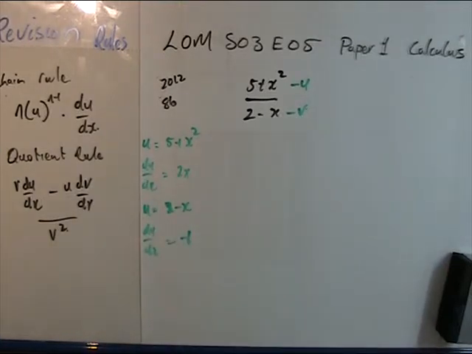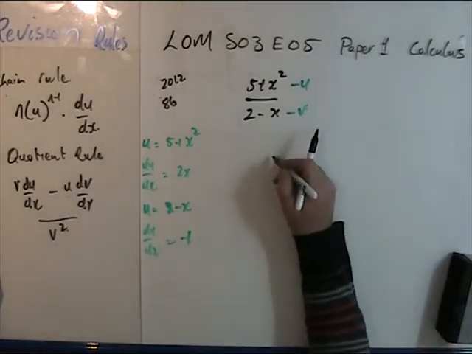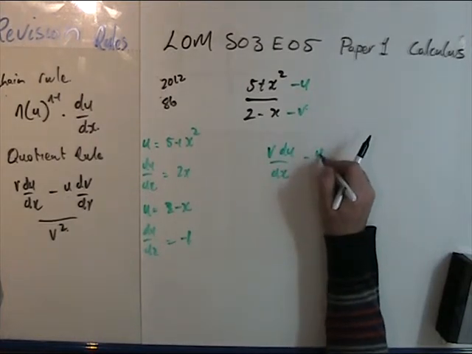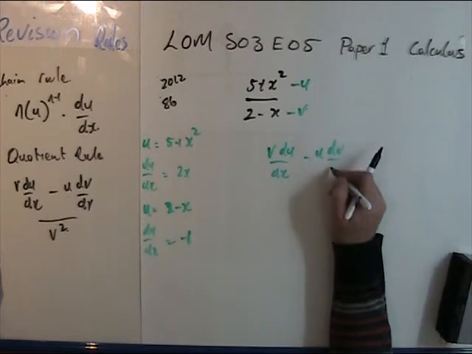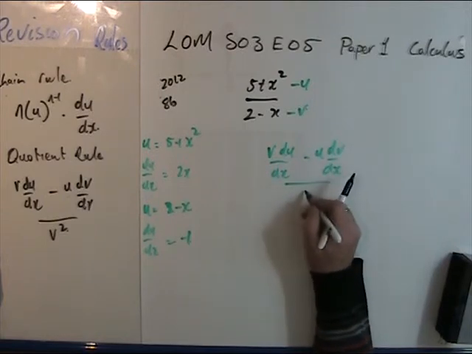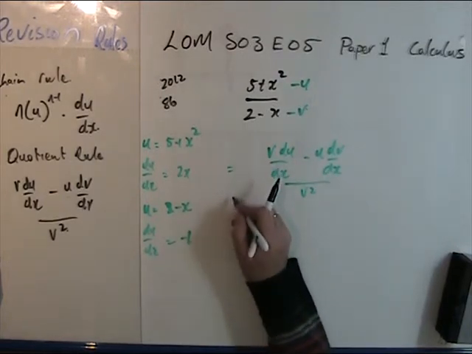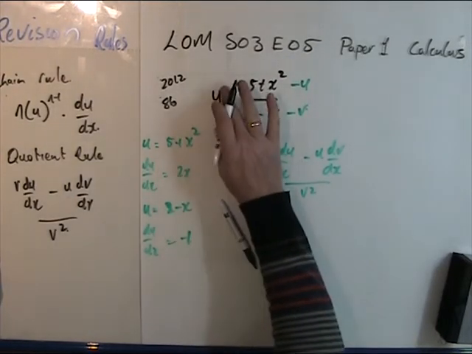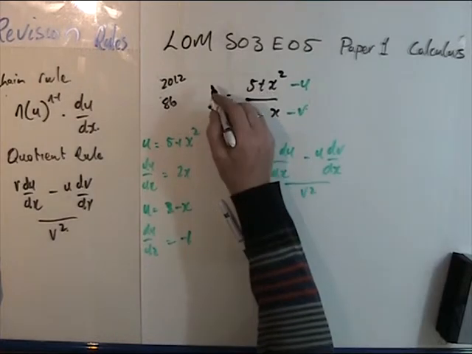Use your formula here: v times du dx minus u times dv dx over v squared. So if this is y is equal to, or f of x, we'll change it to f of x. In this case it was f of x.